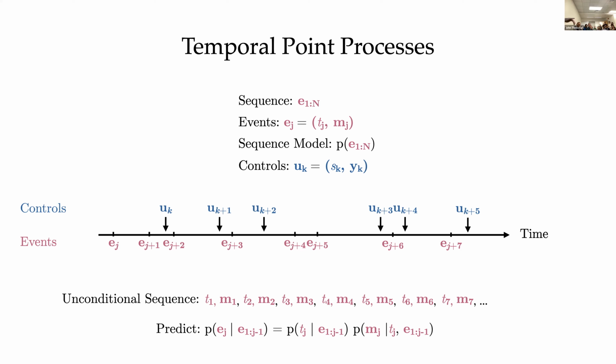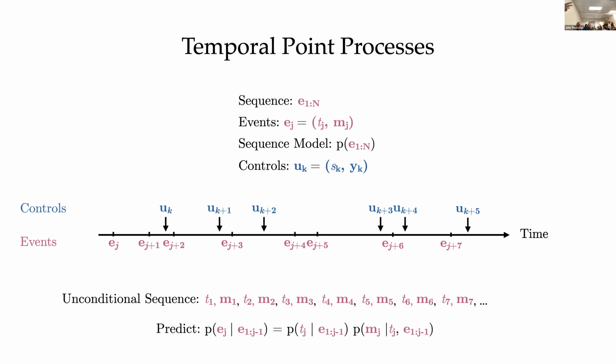Think about controls as being, again, this example of a melody. So I have the melody, which has notes coming in at various points in time. And these events are going to be a harmonizing accompaniment, which is also appearing at points in time, possibly but not lined up neatly with the melody, because I could have a note in the accompaniment that doesn't occur at the same time.